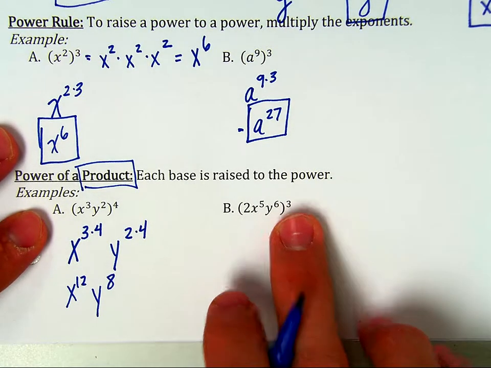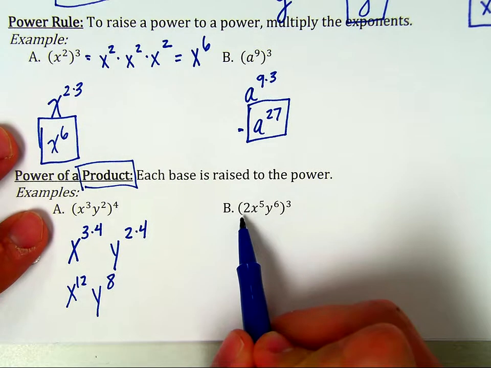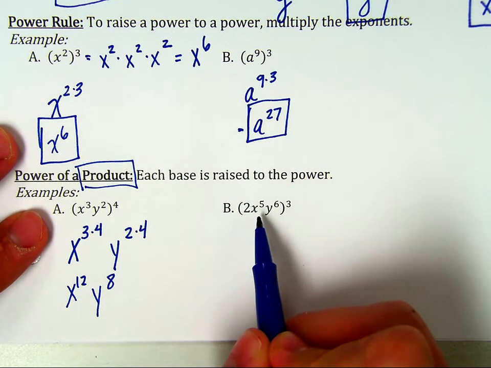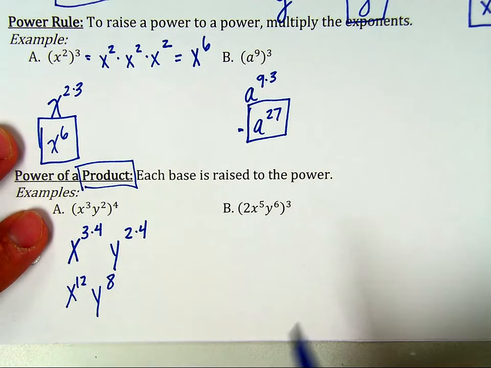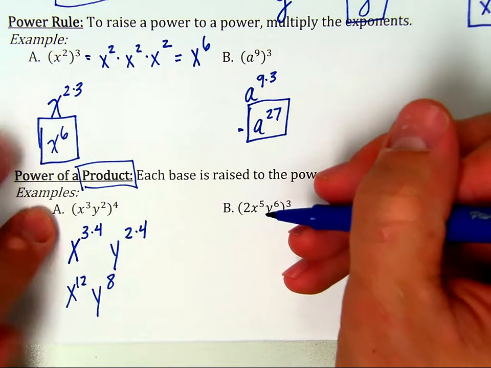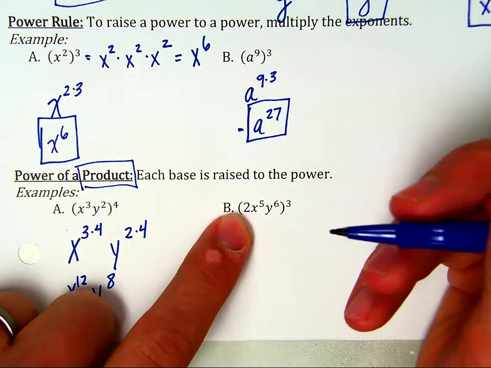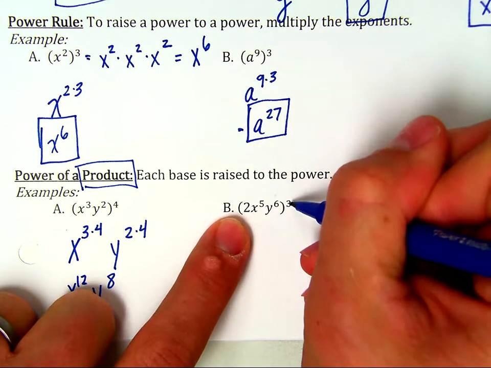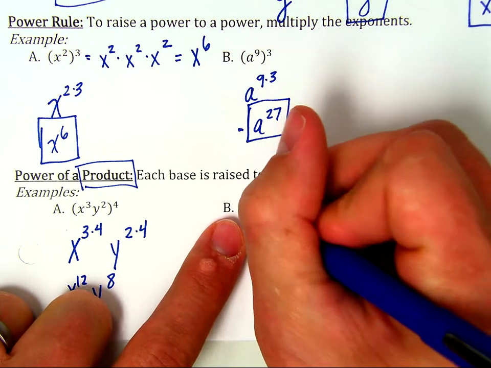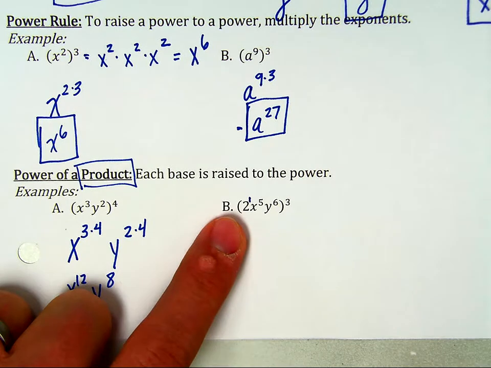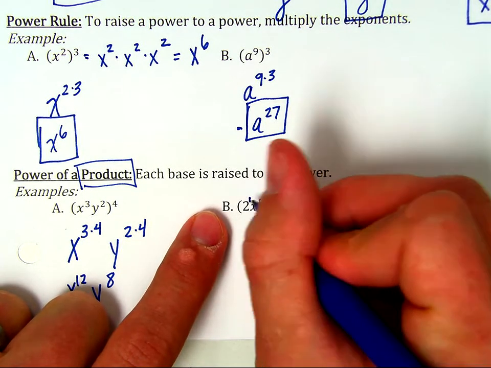For B, now notice we have a 2: 2, x to the 5th, y to the 6th, all raised to the 3rd. Even though this isn't a base, it's a number, when we distribute the exponent here, if we think of this 2 as 2 to the 1st, we still want to multiply the exponents by 3.